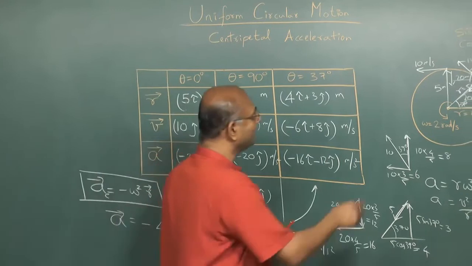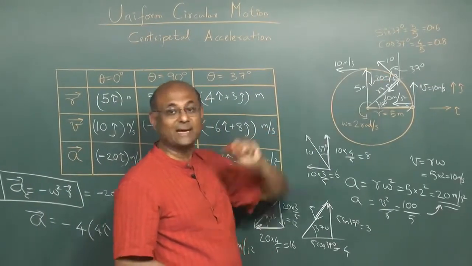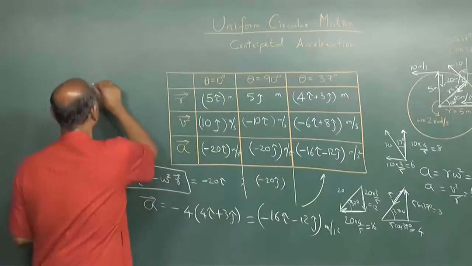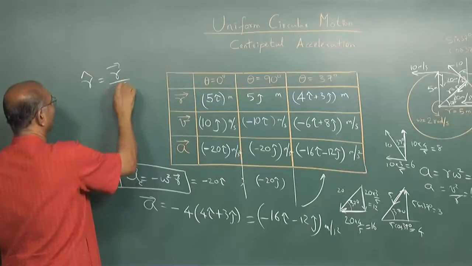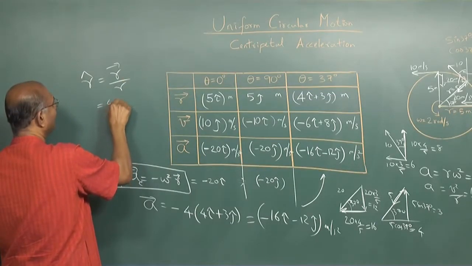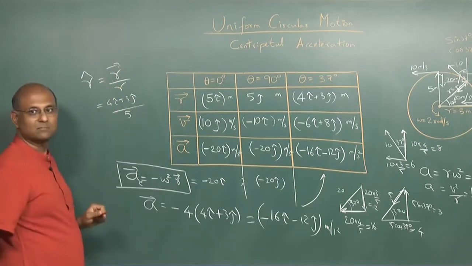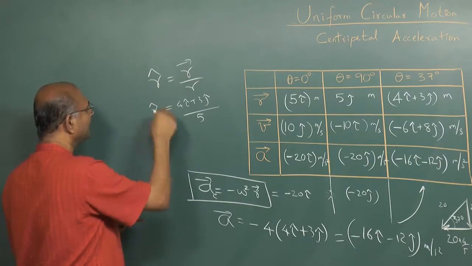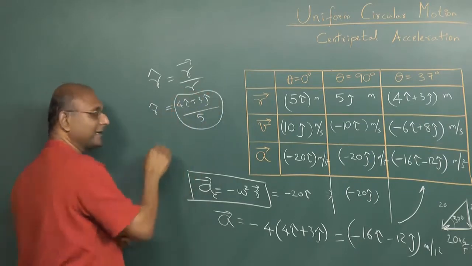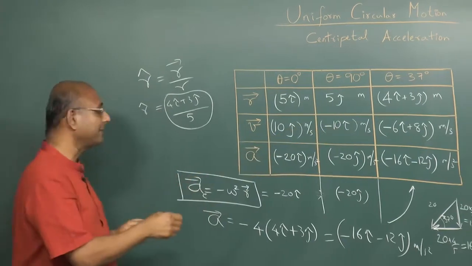We could have also done it directly by saying, I know that the unit vector in the r direction is r vector by the magnitude of r, which is 4i plus 3j by 5, because the magnitude of r is 5. If I know this, then this is the direction vector, and we need to multiply the magnitude by the direction vector.